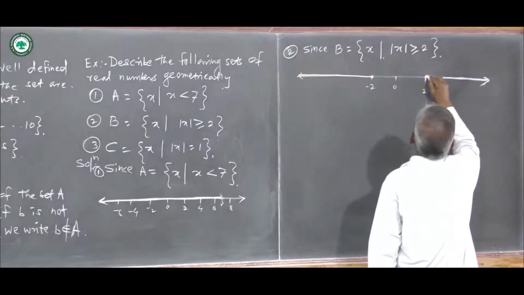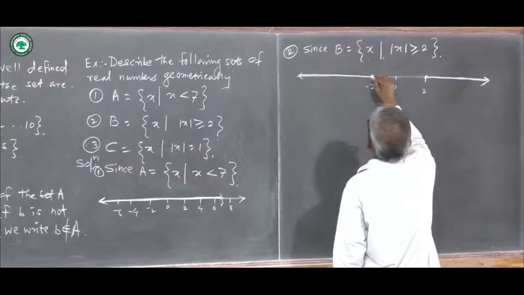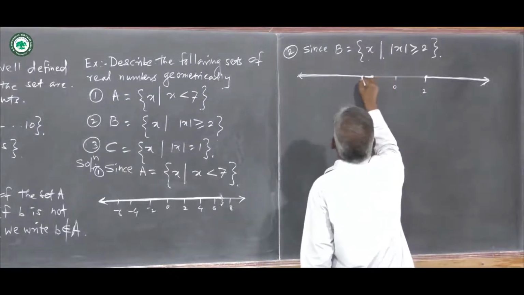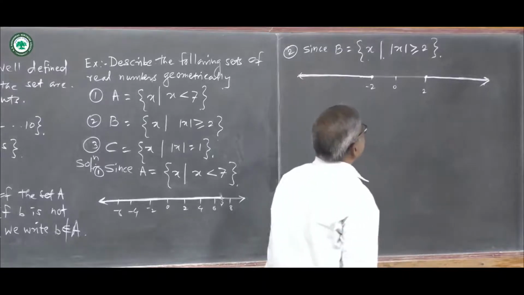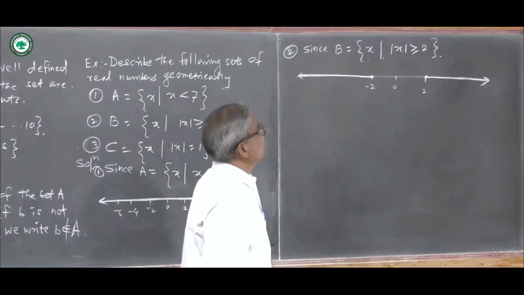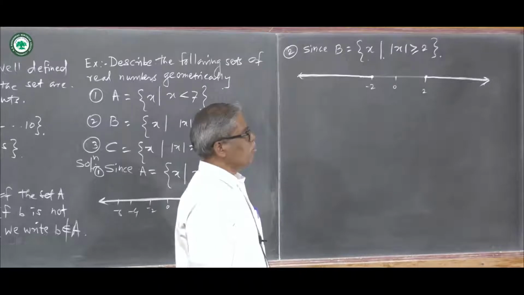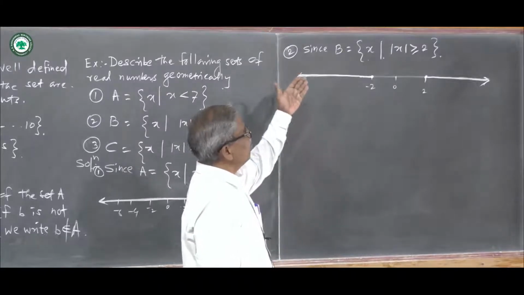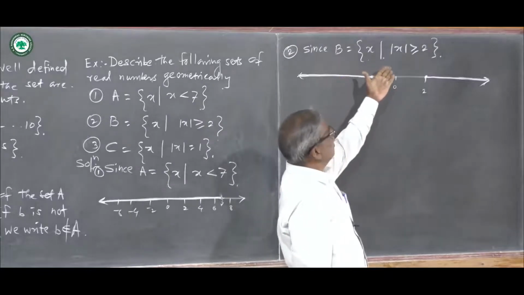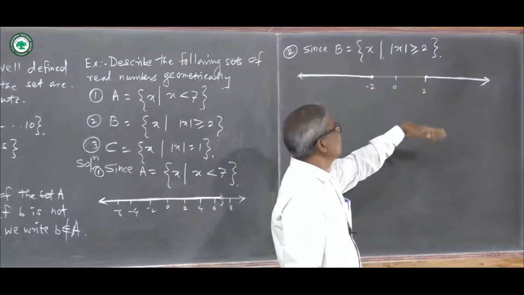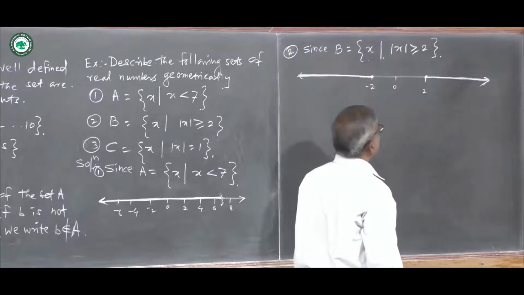This is the set of all x such that mod x is greater than or equal to 2. If we take mod of minus 2, we will obtain 2. Mod of minus 3 is also greater than 2, and so on.